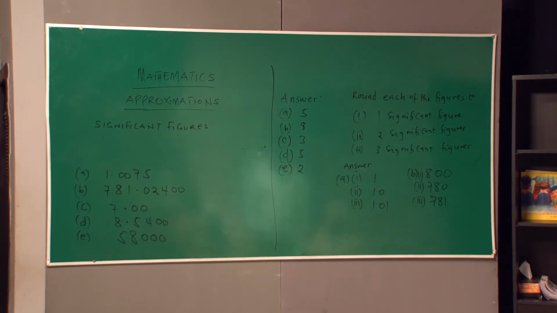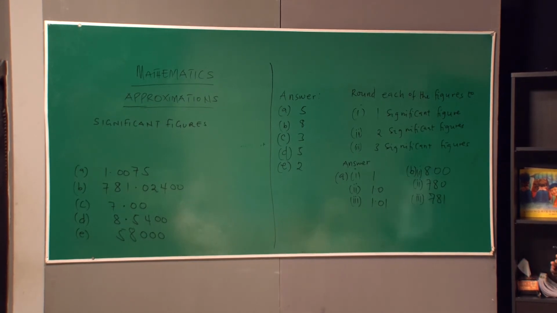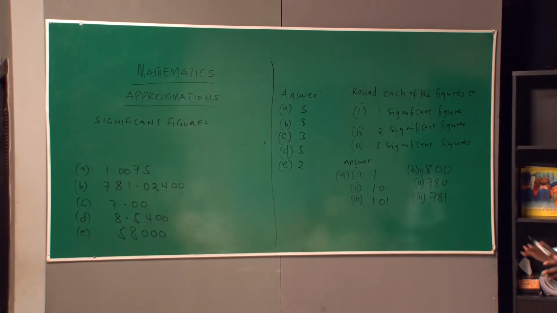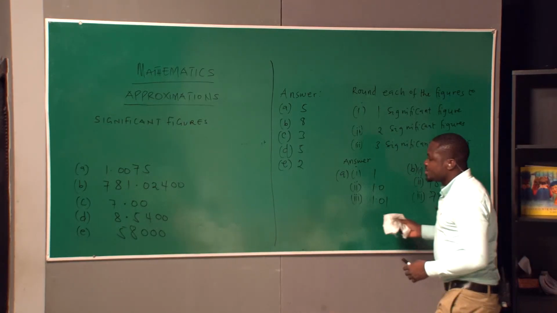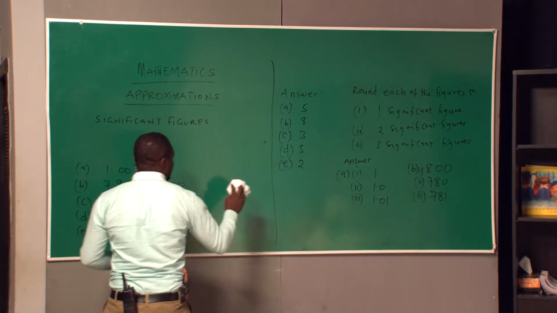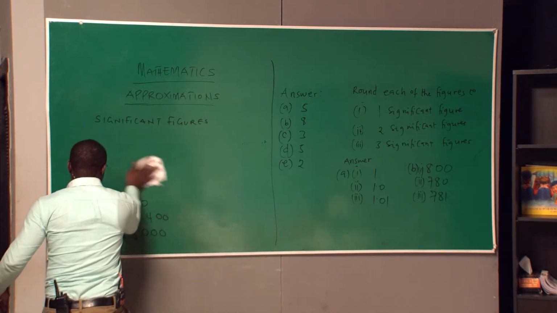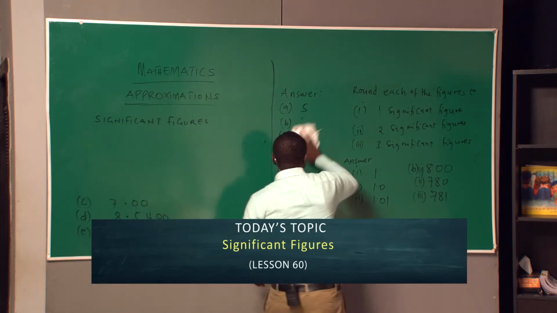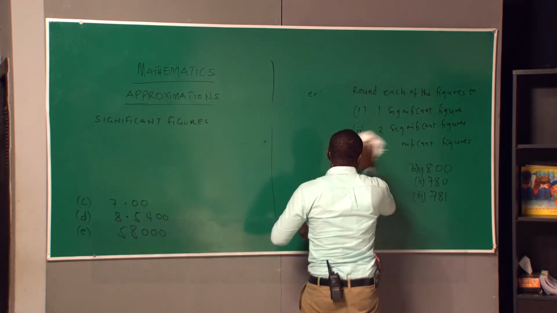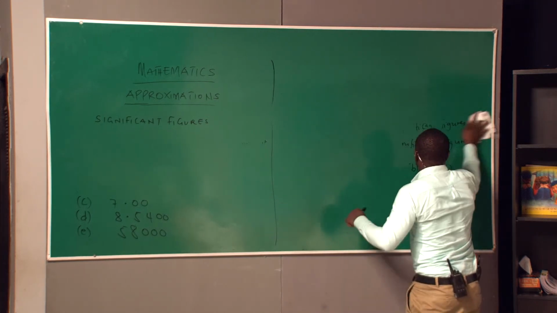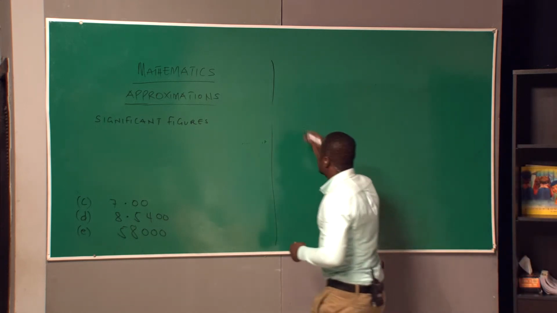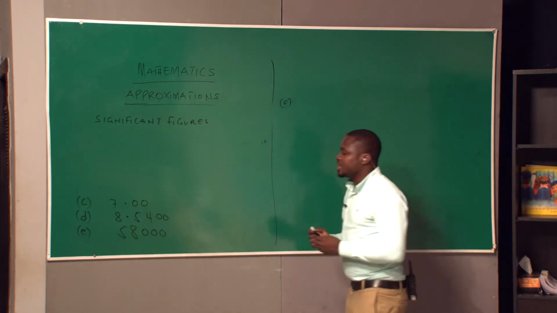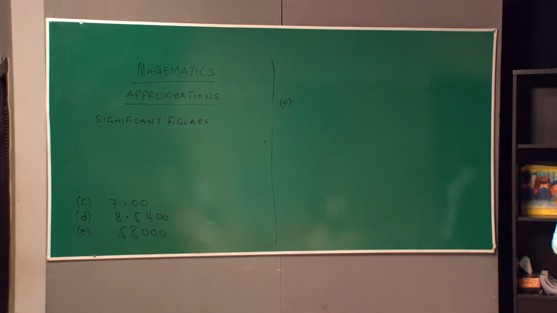All right. So let's do that together with our viewers. So viewers, you turn your attention to what we are coming to do. We are trying to solve the other examples. So the C is 7.00, okay?